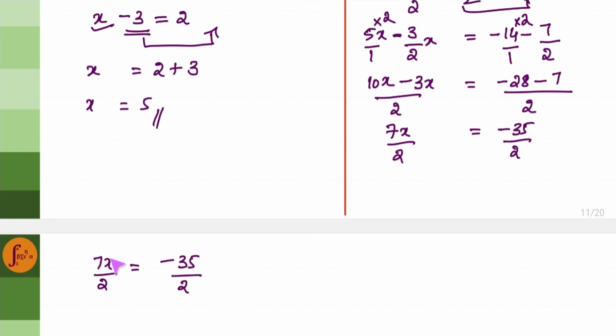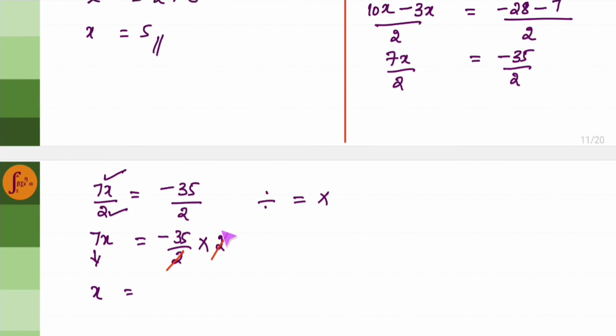Now again we need this x alone, right? So we'll have to shift 7 by 2 to the other side. Now we'll take it one by one, right? We'll first take this denominator. We'll clear off this denominator. So you have division here and 2 is the denominator. So when it goes to the other side, it's going to become multiply, right? Divide will become multiply. So you'll have 7x here, minus 35 by 2 into 2. 2 is coming to the right hand side.